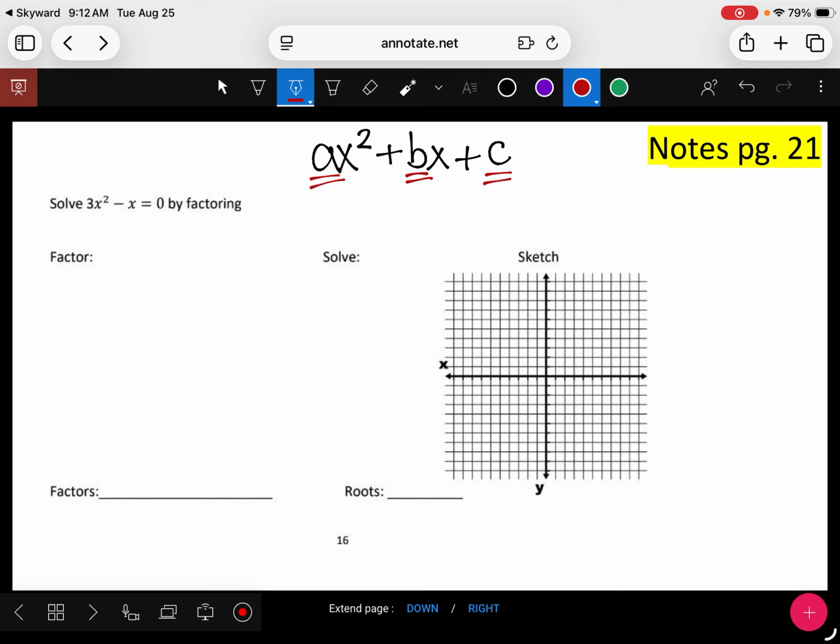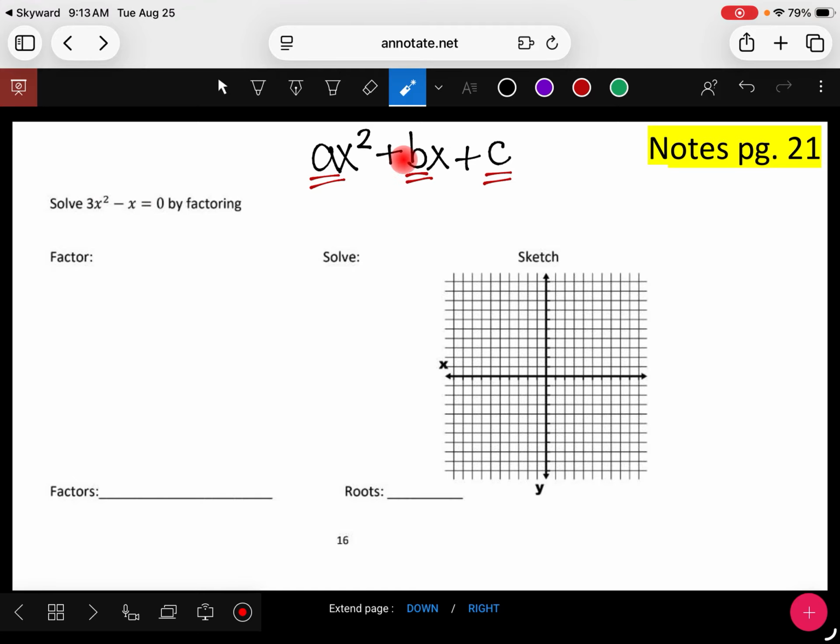So we have a quadratic has an A, a B, and a C. Does everyone see how this one only has 2 terms? So you need to figure out, do I have A and B or A and C? I already know that 3 is A because that's with the x squared. But what is this term? Who says it's B? Who says it's C?